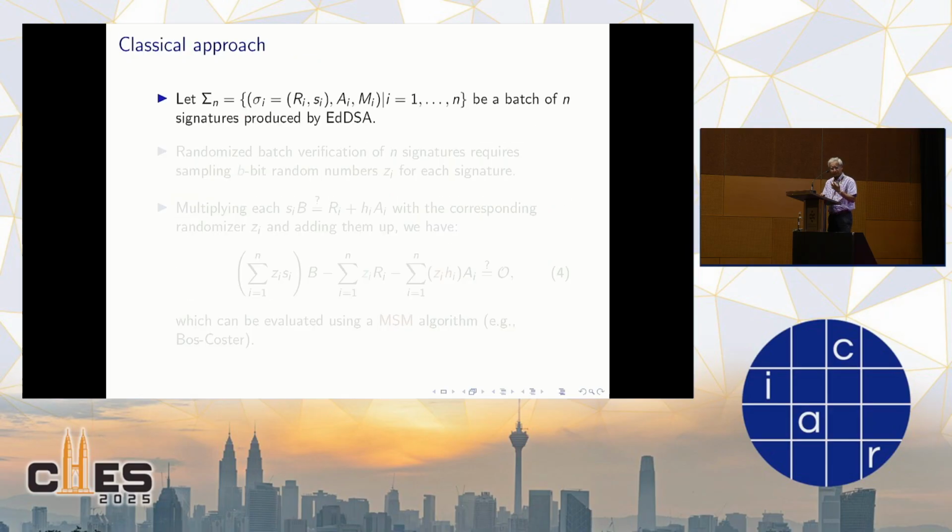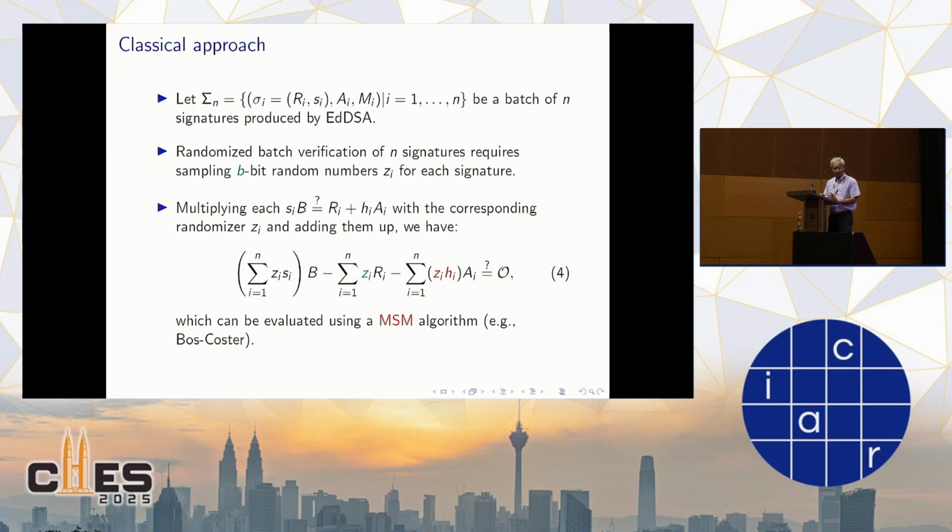So here, this is a classical approach. Suppose we have n signatures, shown on the screen as sigma sub i, and we want to verify these n signatures, and these signatures can be combined. For security reasons, these signatures are combined after doing some randomization. So each individual verification equation is multiplied with a random number z sub i.